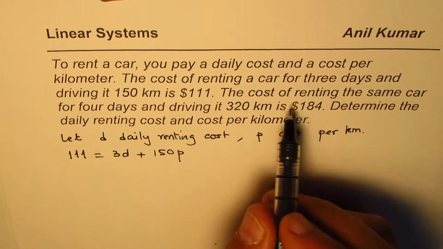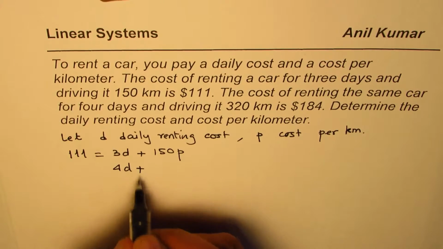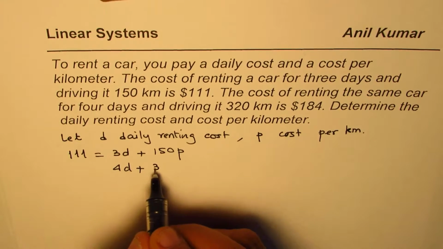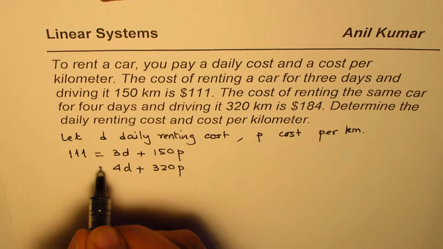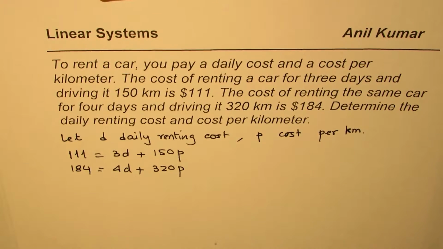For the second case, renting the same car for 4 days and 320 kilometers, so 4D plus 320p equals 184. So that is how you can get the equations.